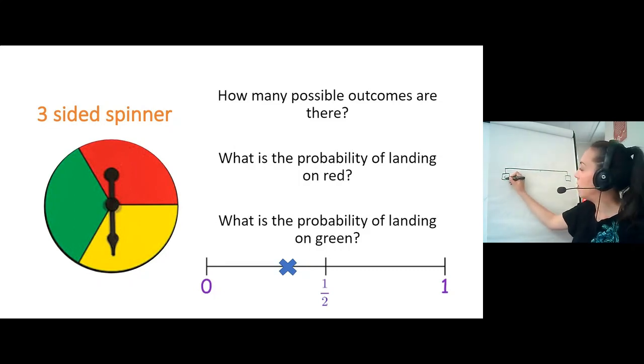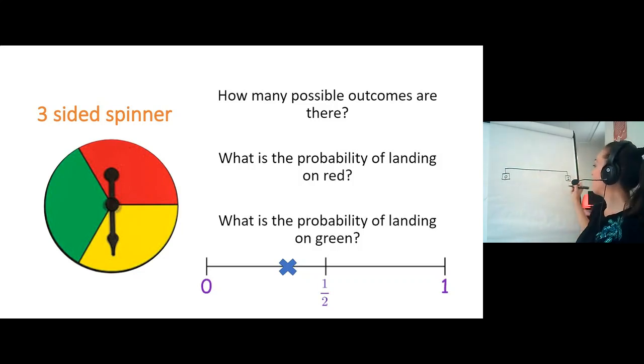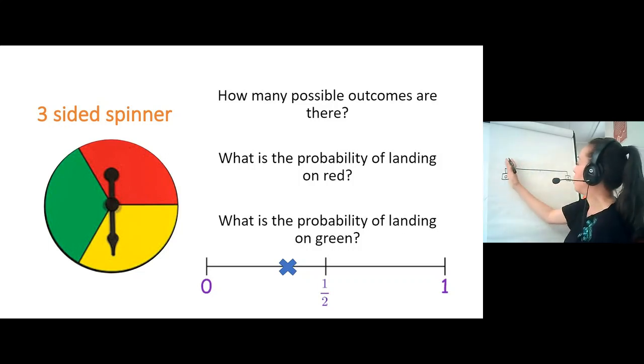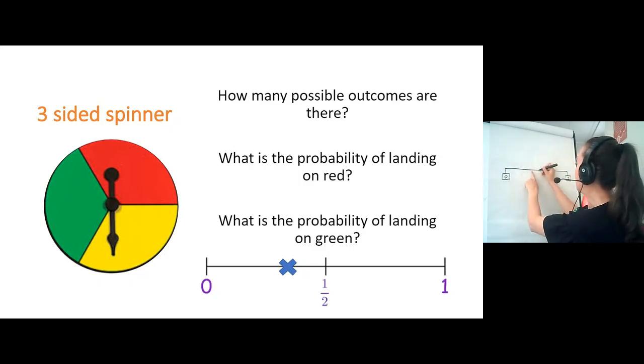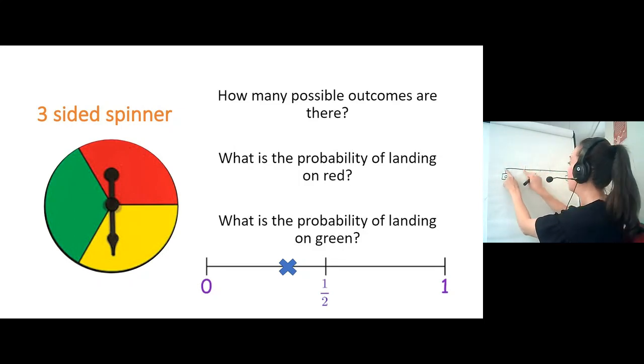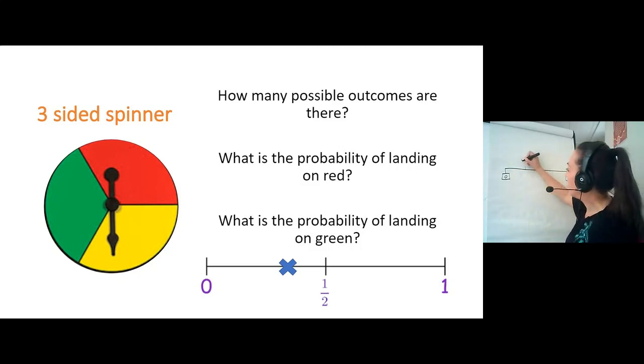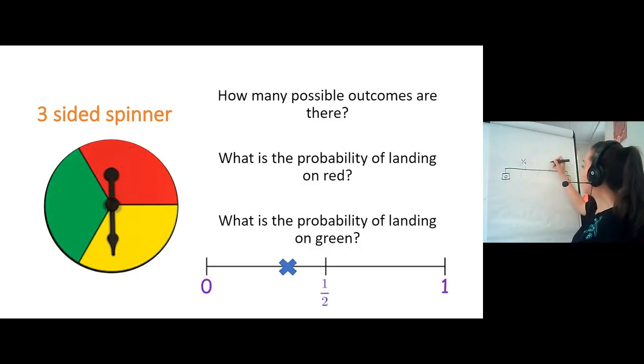So you'd have 0, 1. This is about halfway. So if you're looking at a third or 2/3 of this whole line, you'd split it up into 3 about. That half's probably not in the right place, sorry. Split it up into thirds about, which is about there and there. So you've got equal thirds. So you've got 3 parts of this line. So 1/3 is about here. 2/3 will be about here.